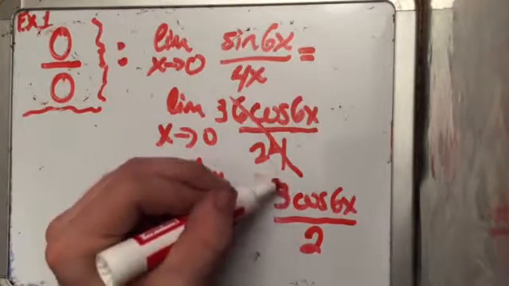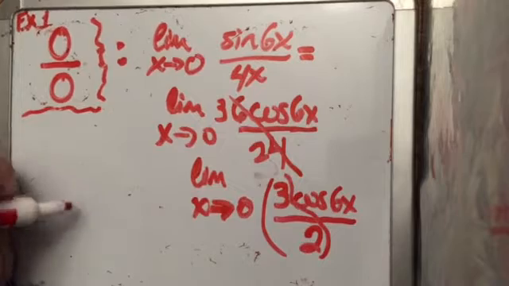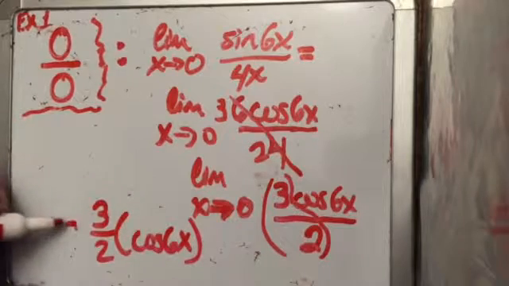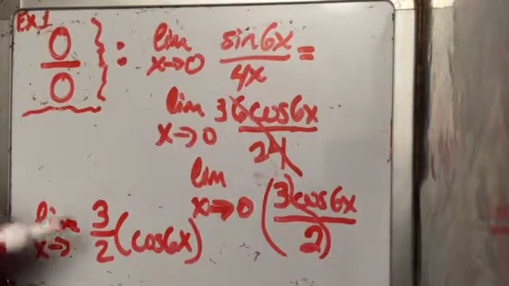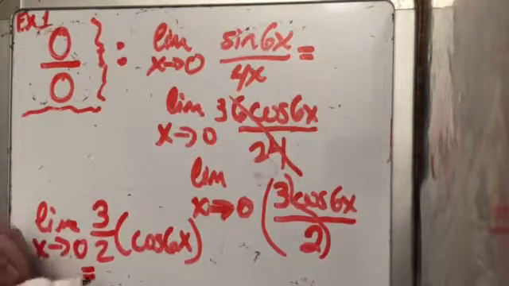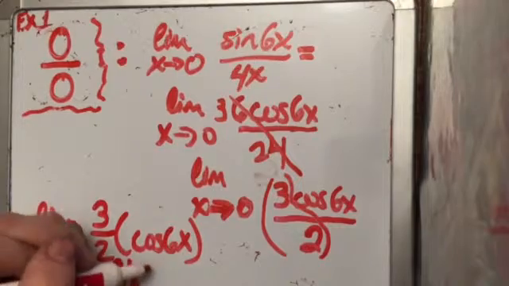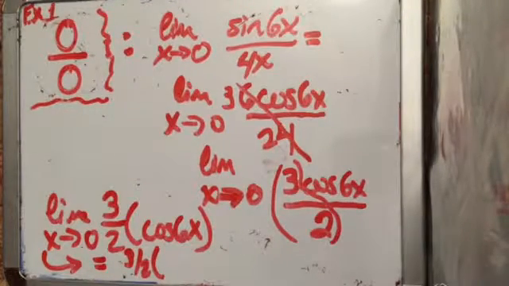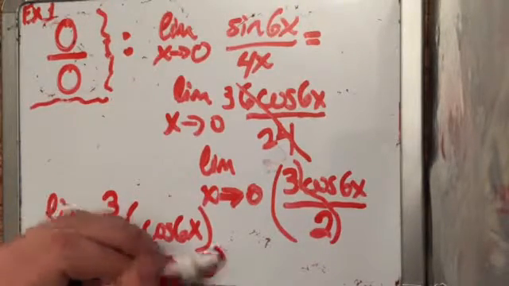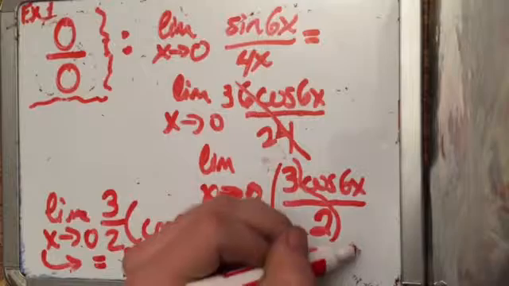We can take this out of the function, so it is just 3/2 times cosine of 6x, and the limit as x goes to 0 of that, which we know is cosine of 0, so 3/2 times cosine of 0 is going to equal 3/2 times 1, which is just 3/2.